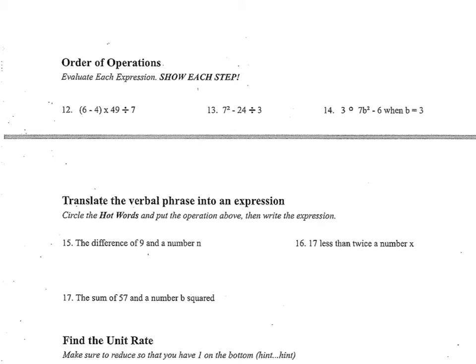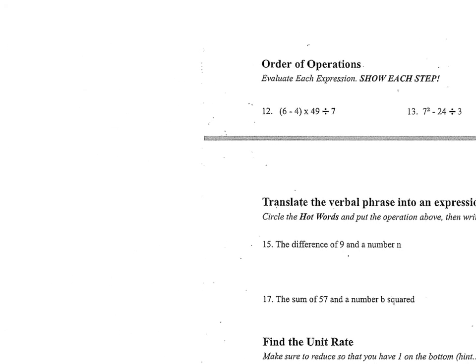Order of operations. Okay, these problems all have to do with order of operations. Okay, and except this one, you're going to plug in the 3 for that b right there. All right, and that little dot on 14 means times or multiply. So please remember your PEMDAS, or please excuse my dear Aunt Sally.